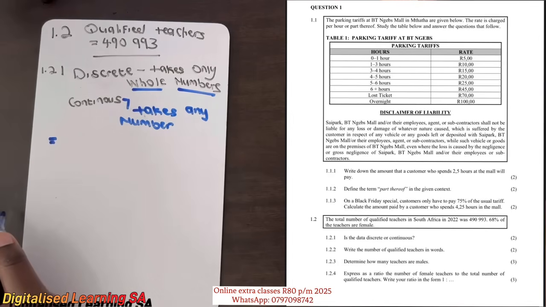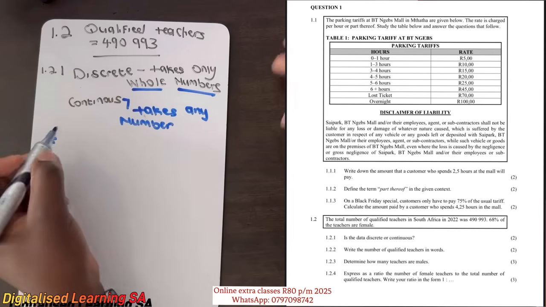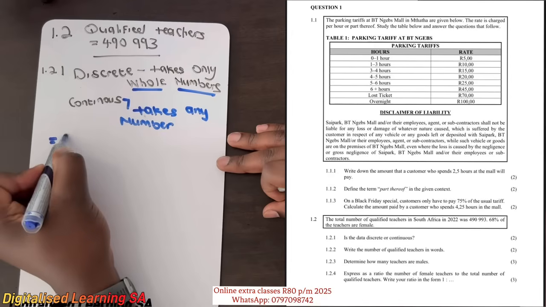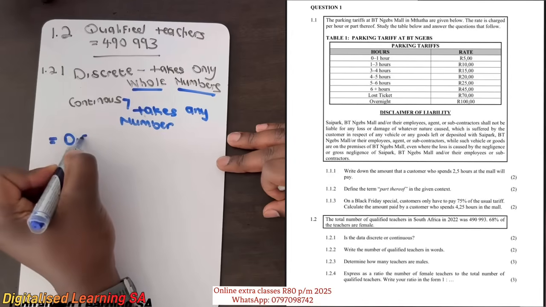It's either the teachers are 5 or the teachers are 10 or the teachers are 100. We can't have 10.5 teachers, and we can't have 100.9 teachers. Okay, the answer or the data needs to be a whole number. So our answer will be discrete.